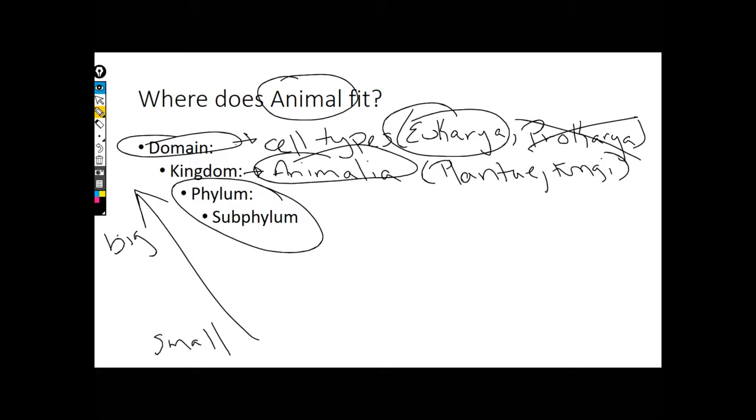Okay, so these terms are probably brand new to most of you. What they mean is basically the same concept, right? Fancy Latin terms. That just means how can we once again take our now group of animals and divide them again?